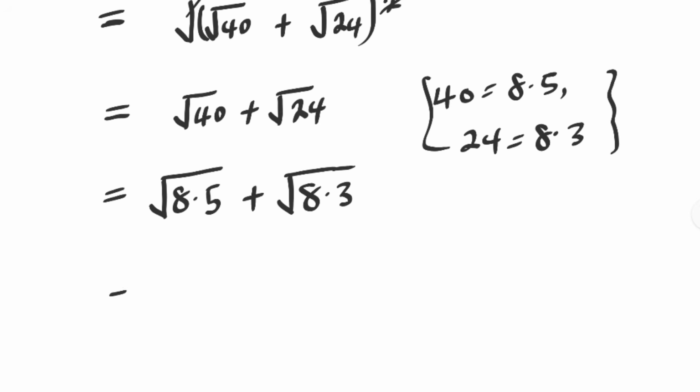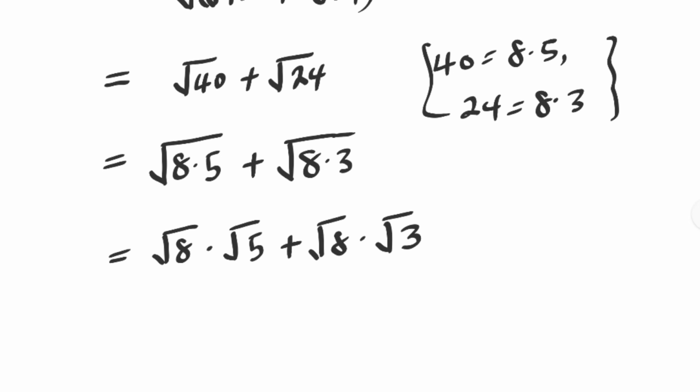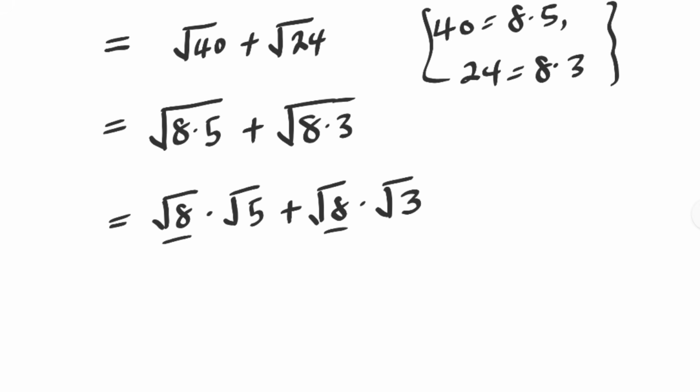Then this is equal to square root of 8 multiplied by square root of 5 plus square root of 8 multiplied by square root of 3. Square root of 8 is common. Let's bring it out. This is equal to square root of 8 bracket square root of 5 plus square root of 3.